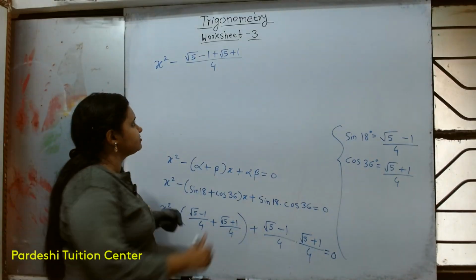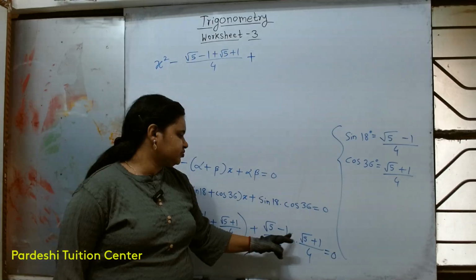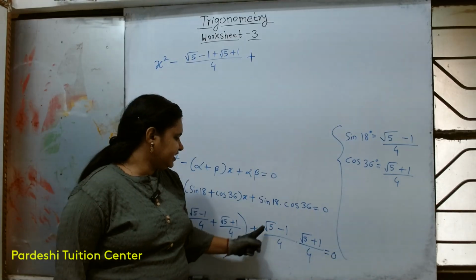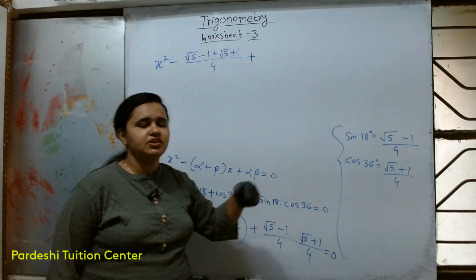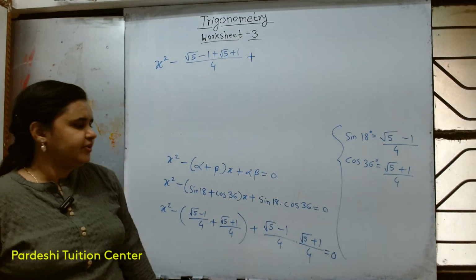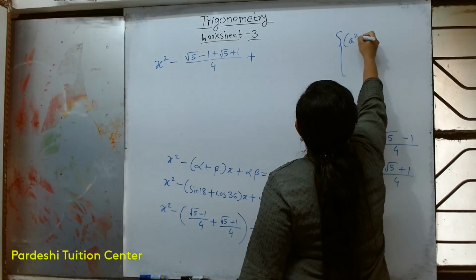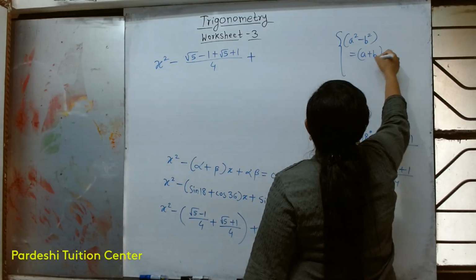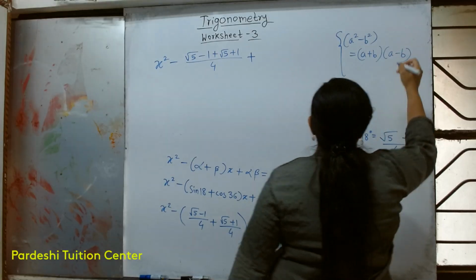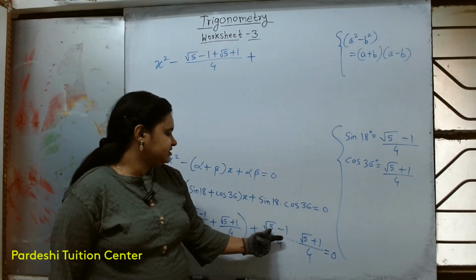Now, plus here you can see root 5 minus 1, root 5 plus 1. If I take root 5 as a and 1 as b, it is a minus b, a plus b. The formula is a square minus b square equals a plus b into a minus b.